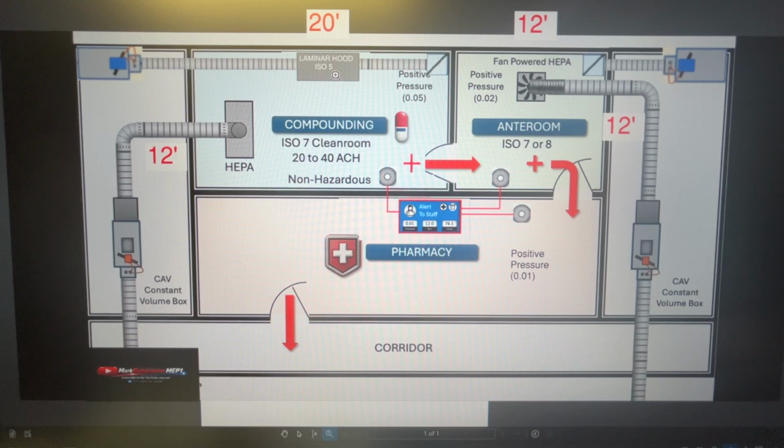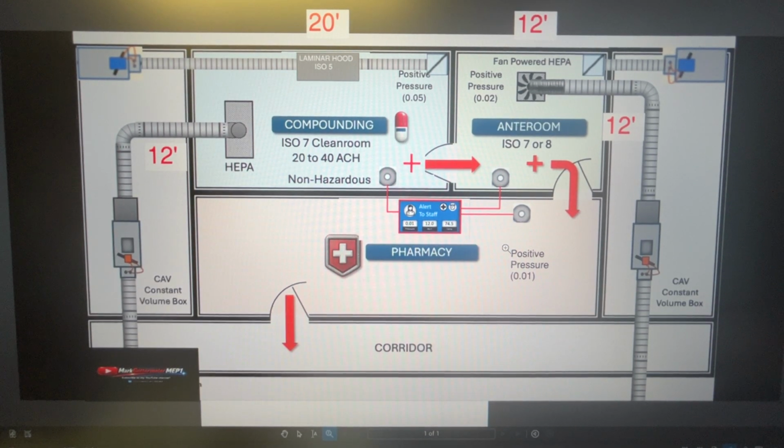That's going to be a vertical force down, and it gets drawn out the bottom of the hood. So this hood, where the medications are actually in a very controlled environment, has the highest standard of everything. Like I said, the laminar hood is a vertical flow of air that comes down so that there's no contamination of any kind.